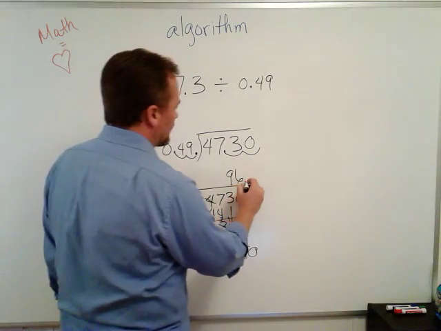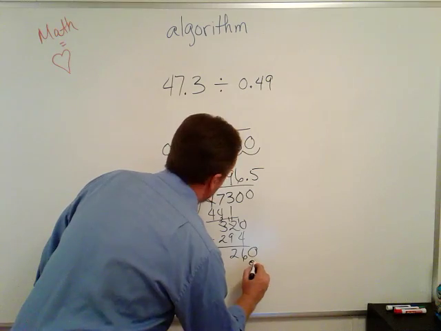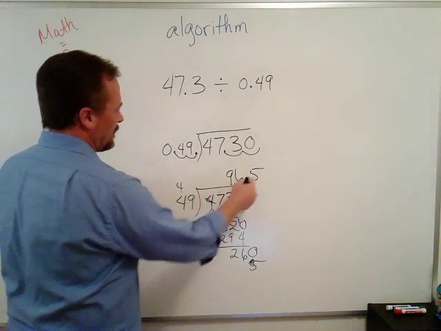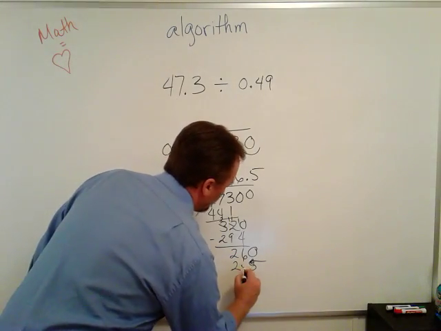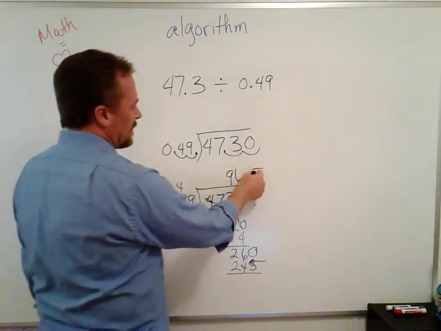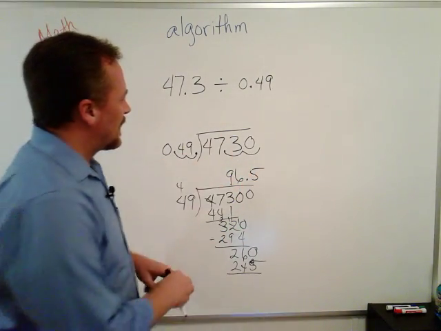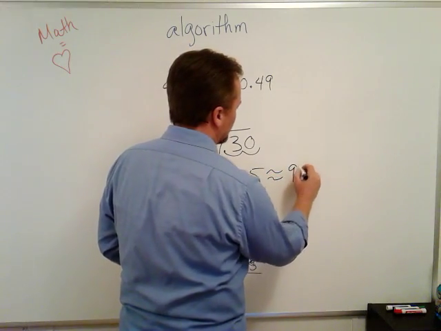Let's go with 5 times. 45. Carry that 4. 5 times 4 is 20, plus 4 is 24. So this number right here is going to tell me to round that 6 up, and I'm going to say that this is approximately equal to 97.